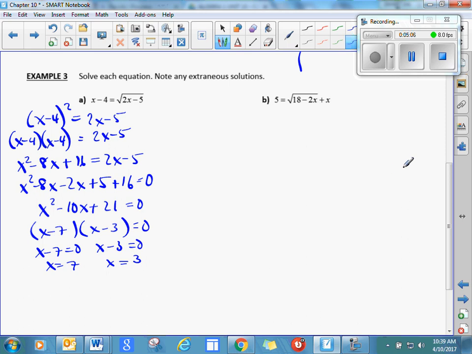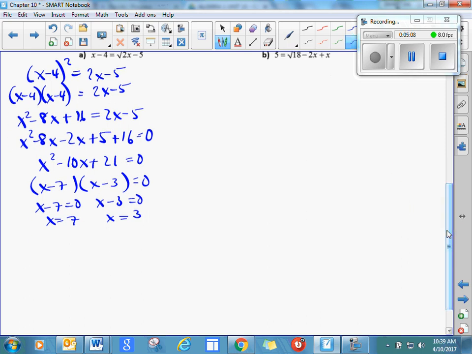That's the first part. Now we've got to go check them. So let me go get another color over here. So the check for 7, we plug 7, and we're going back to the original equation, this one right here. So I'm going to say 7 minus 4, is that really equal to the square root of 2 times 7 minus 5 on the outside?